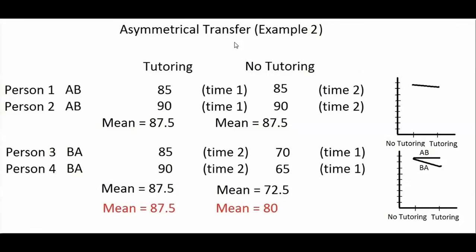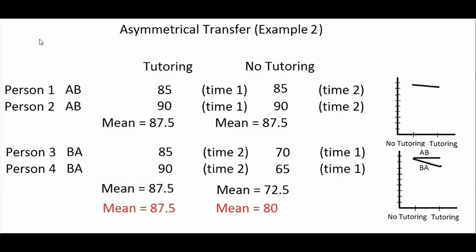For the end of this video, I wanted to talk about one other situation that can cause asymmetrical transfer. If one condition is much more difficult than the other condition, then that can cause asymmetrical transfer of fatigue. If I'm doing an experiment and condition A has a much more difficult task than condition B does, then what's going to happen is condition A at time 1 is going to transfer a lot of fatigue to condition B at time 2, but condition B at time 1 isn't going to transfer much fatigue to condition A at time 2.